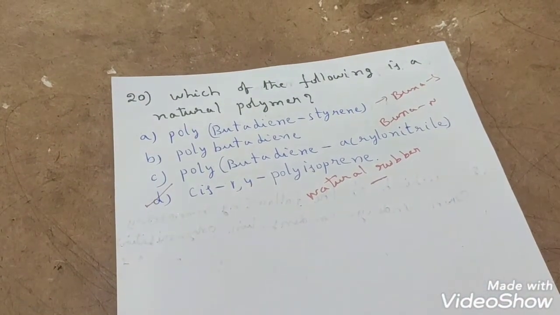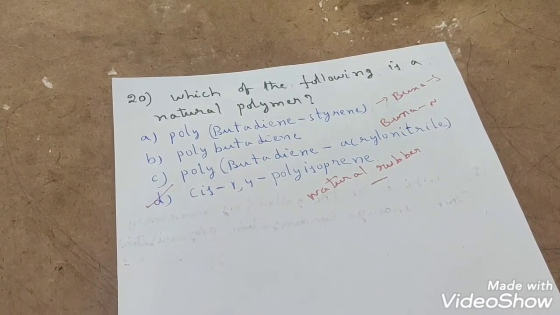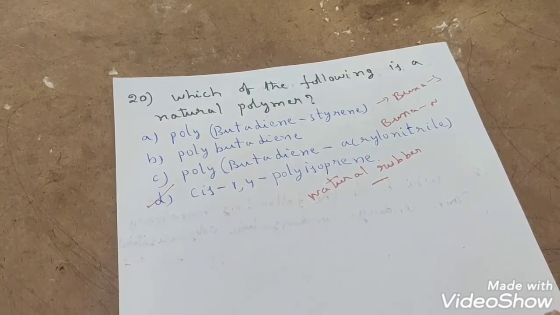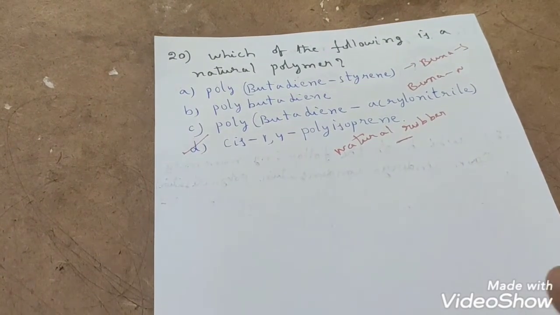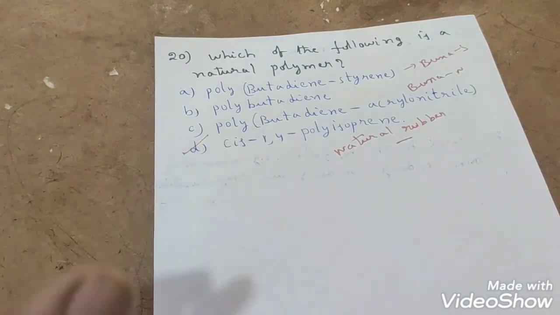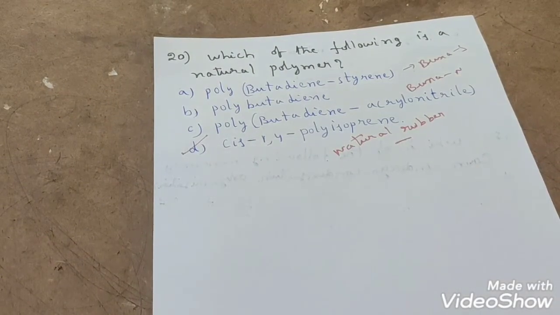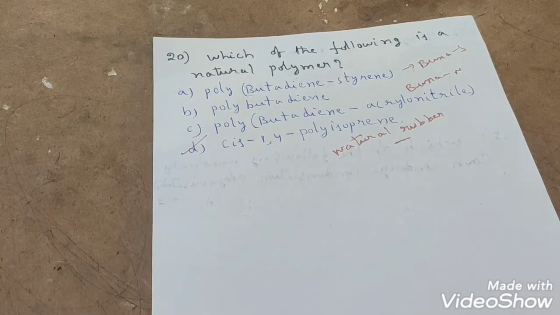I hope everybody understood. Like this, we will discuss some more questions in the next video, students. You should collect some more questions from other textbooks and try to solve them. Then only will you get a grip on the subject, students. Before solving these questions, once again go through the topic: which are condensation polymers, which are addition polymers, what are their names, and which belong to natural polymers, synthetic polymers, or semi-synthetic polymers.